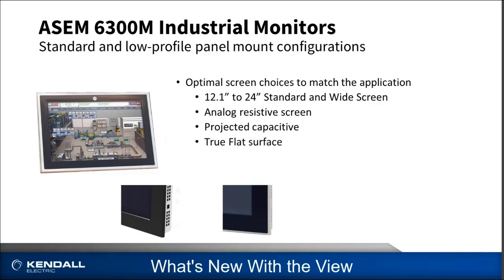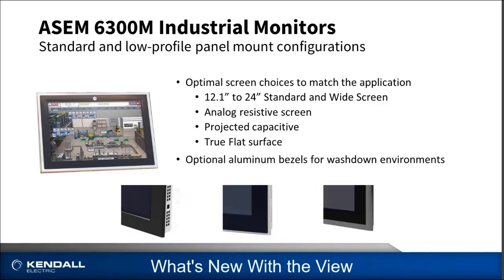Also, that true flat surface dramatically reduces nooks and crannies that debris can collect in. And they have optional aluminum bezels for washdown environments that offer an IP66 or 69K ingress protection.